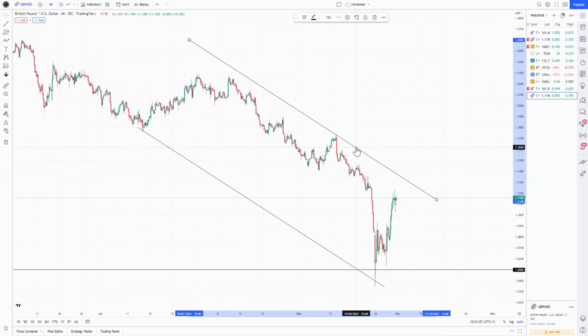Okay, this is a descending channel. We've got a descending channel on GBPUSD on the 4 hour time frame. So let's pay attention to some zones we can mark out here. There are some zones we should be able to mark out on this time frame.